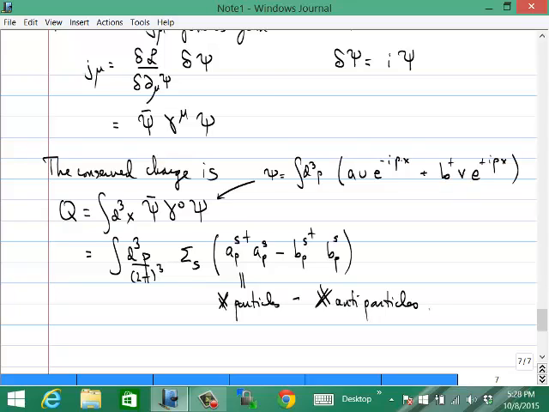So in order to go from this line up here to this line down here, one just needs to take this expression here and plug it in to this equation along with the appropriate expression for psi bar. You've got to muck around with those u's and v's a little bit, so you need to use those normalization conditions that we wrote down earlier.